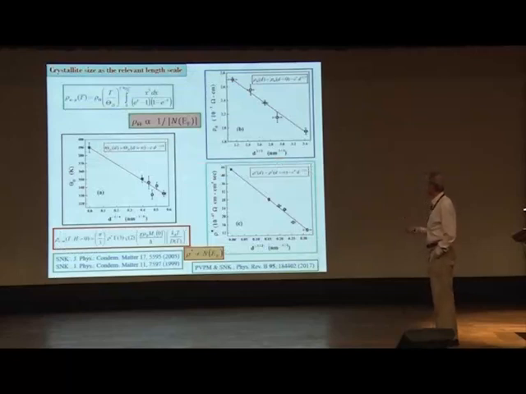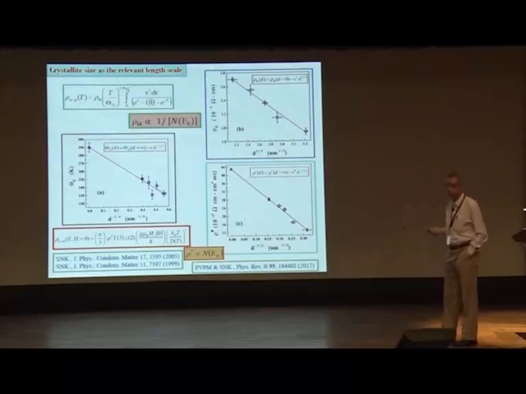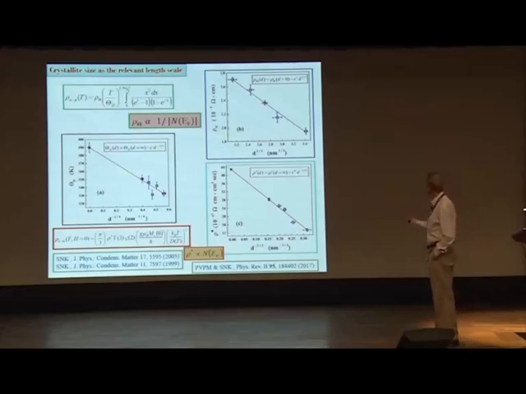So what we see now, with that last thing that I showed you, is that the Debye temperature, the electron-phonon coupling constant, and the electron-magnon coupling strength, that is, the electron-magnon interaction strength, all go as some powers of the average crystallite size.